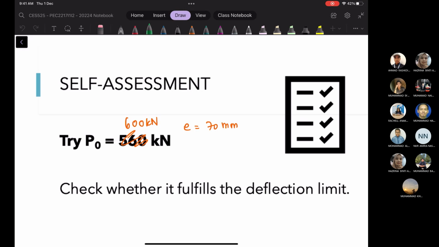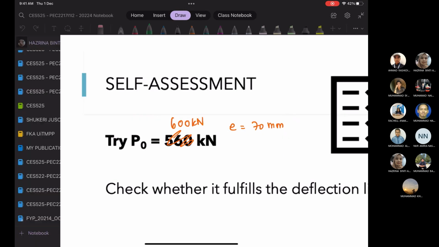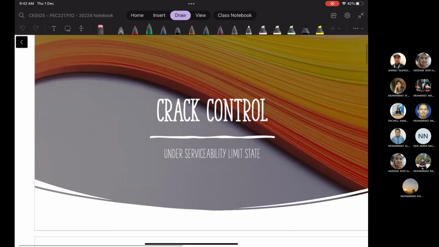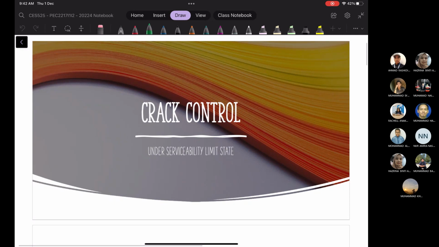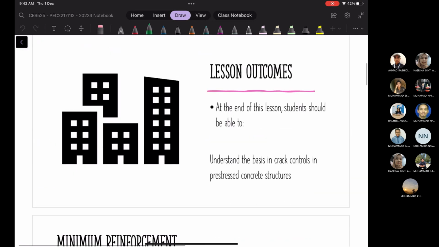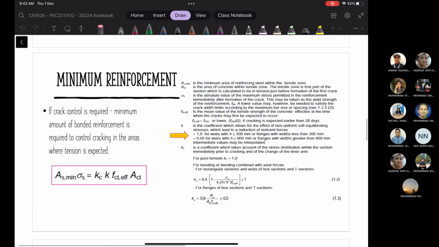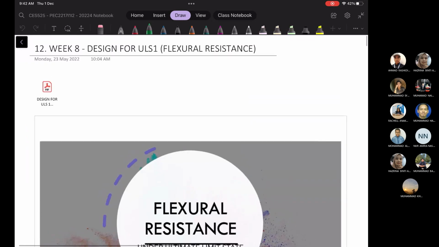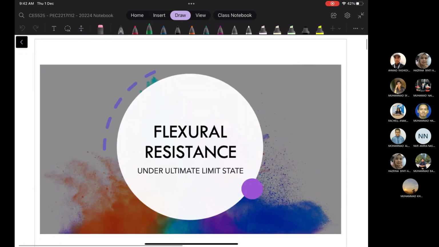Okay, right. So I think we stop here. Next week we will look at another topic, which is under the serviceability limit state. We will look a little at crack control. Then the next one is the flexural resistance, which is already under the ultimate limit state.